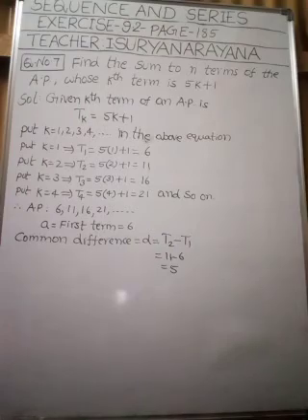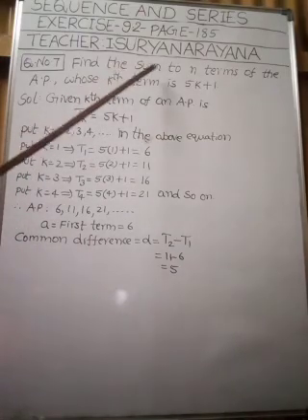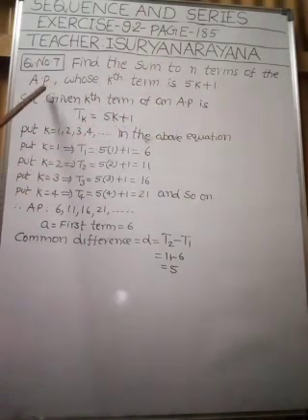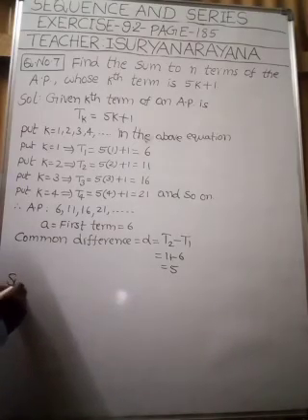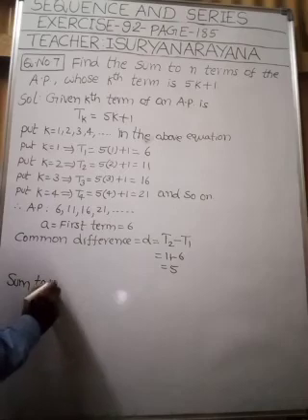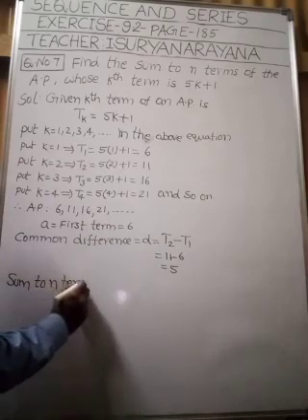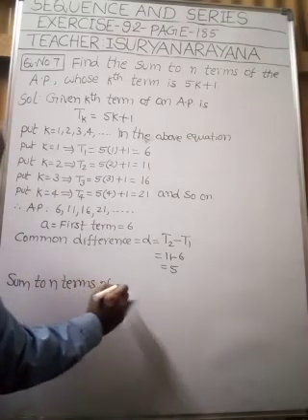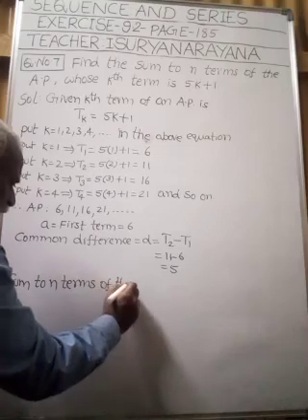We have found the values of A and D. Then we can solve any question related to arithmetic progression. Then what is the question here? We have to find the sum to n terms of this arithmetic progression. Then let us write the sum to n terms of the AP.